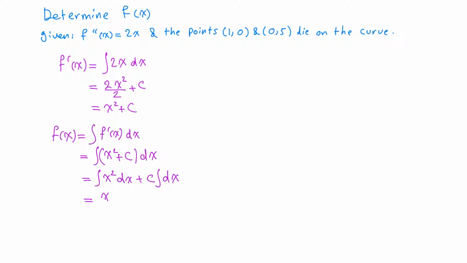And now I get x cubed over 3, and my constant here, I will get another constant. I will use the letter d here so that I don't confuse the first constant and the second constant. Because the d value has to do with f of x, whereas the constant c had to do with f prime of x.